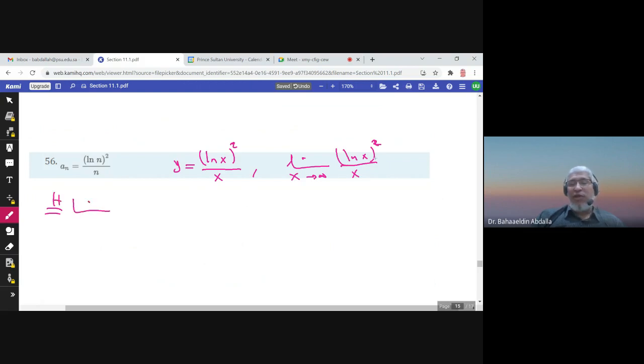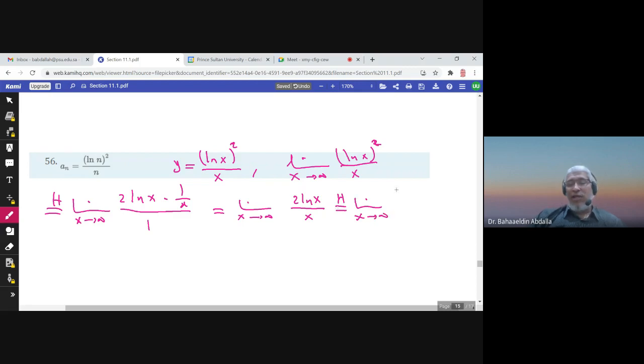The derivative of (ln x)^2 using the chain rule is 2 times ln x to the power 1 times the derivative of ln x, which is 1 over x. The derivative of x in the denominator is 1. So I have the limit when x approaches infinity of 2 ln x over x. When I replace x by infinity, I'll have infinity over infinity, so I use L'Hopital's again.